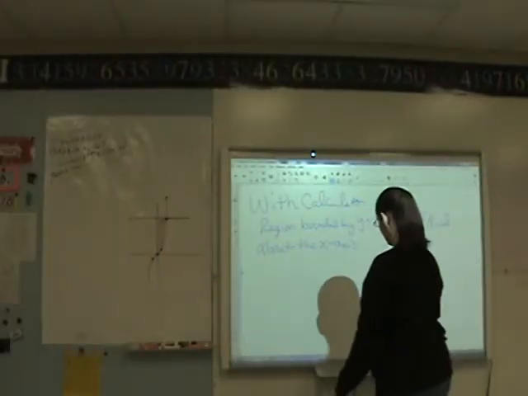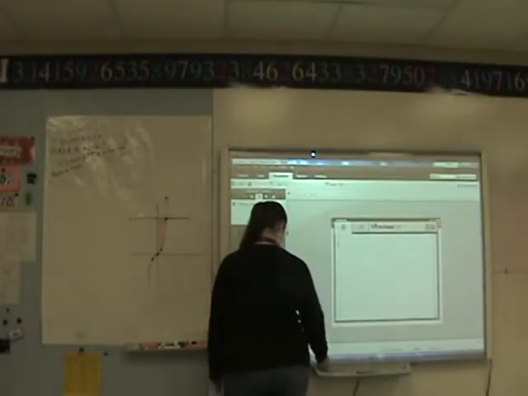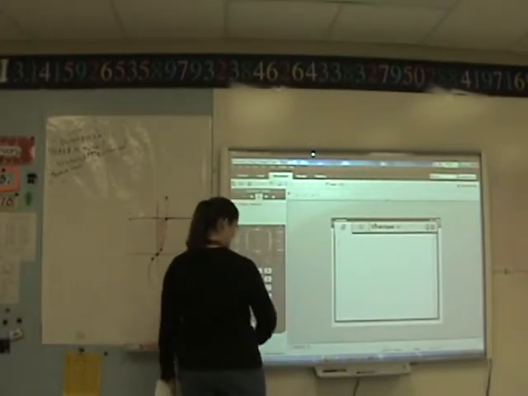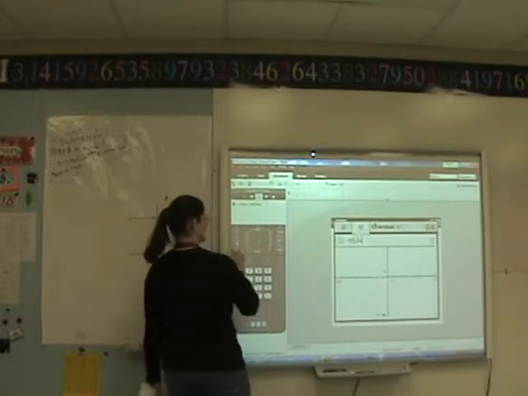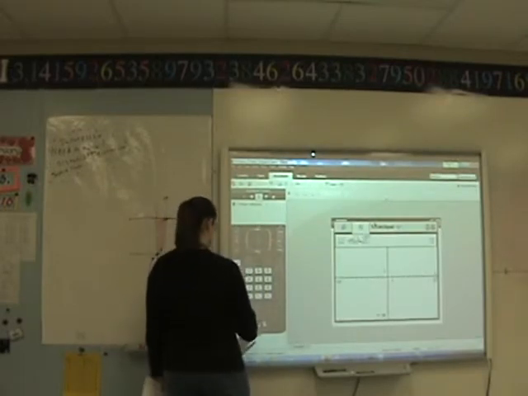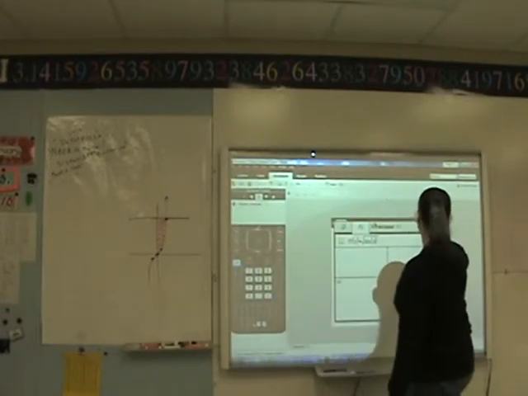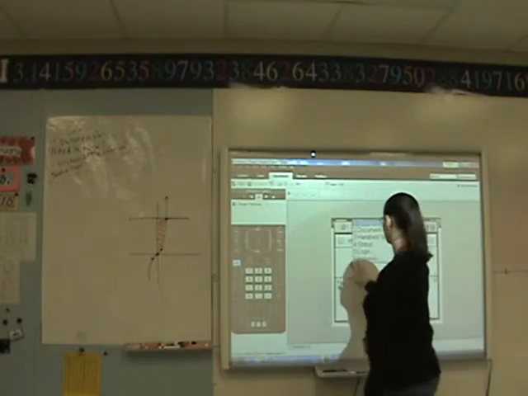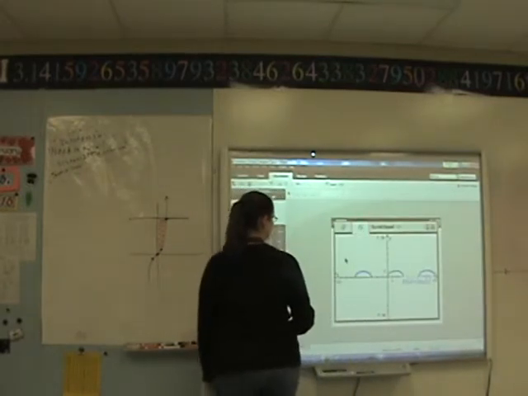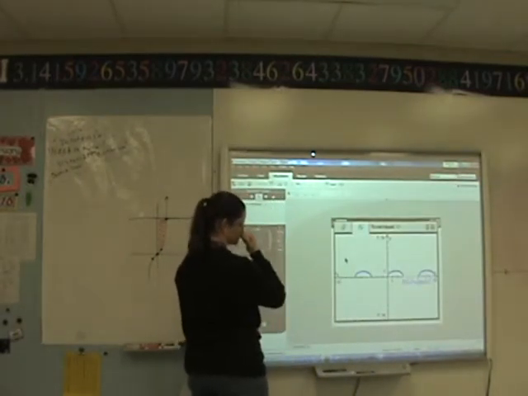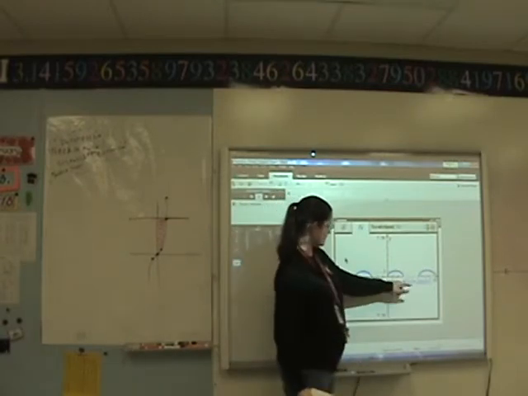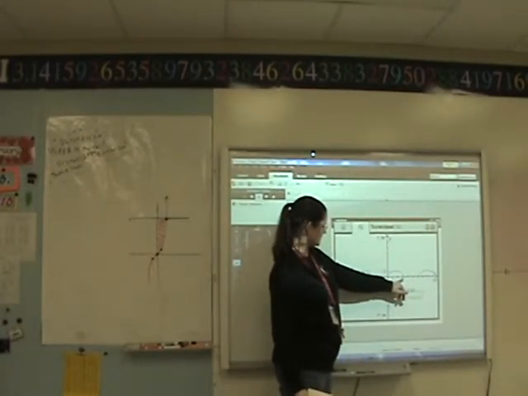So, if I have my calculator, I'm going to rely on my calculator as much as possible. So if I do square root of sine x, I better be in radians. I am graphing in radians. So I need to know that point right there where it intersects.